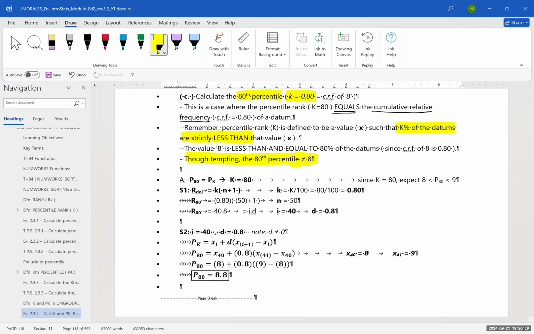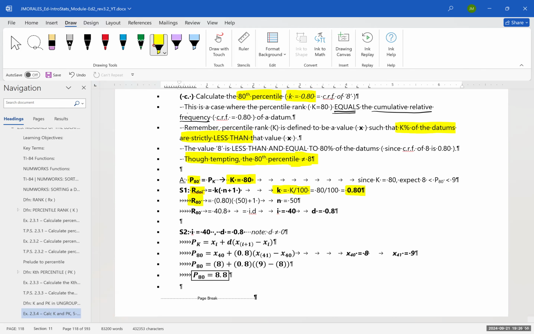And this is the same process that we followed already. So to calculate the 80th percentile, that means the percentile rank is 80. And step one is to calculate the rank of our datum of interest, which is lowercase k times n plus 1. Lowercase k is going to be the percentile rank divided by 100, which will be 80 divided by 100, which will be 0.8.